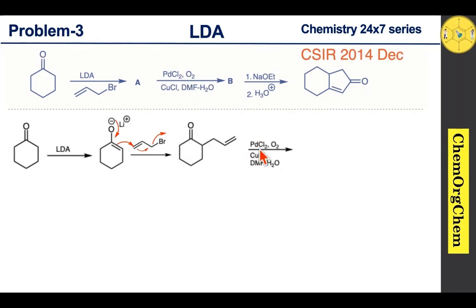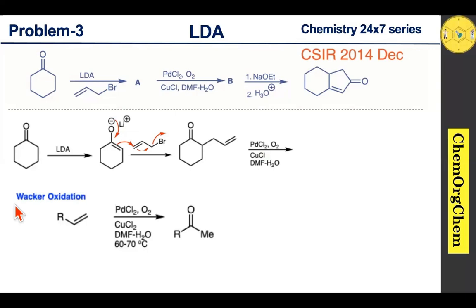Now you look at the second step. The second step of the reaction is the treatment of palladium chloride, oxygen, copper chloride and DMF water. So I already said this reaction condition is based on one named reaction. So here you see this is that named reaction. That named reaction is called Wacker oxidation. According to Wacker oxidation, a terminal alkene under this palladium catalyst condition will convert into the corresponding alpha methyl ketone.